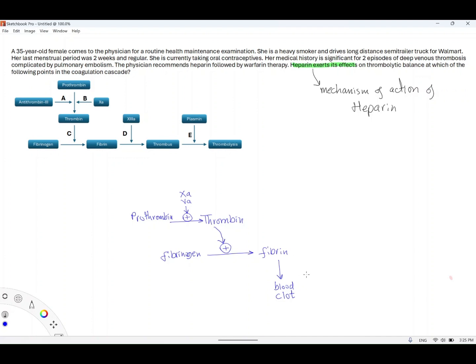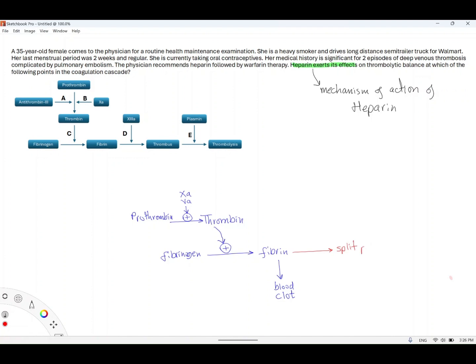So this is clot formation. On the other hand, clot breakdown: fibrin breakdown. You can convert fibrin to fibrin split products. I don't know if you've heard of that. Usually, like in DIC, they'll tell you fibrin split products or D-dimers.